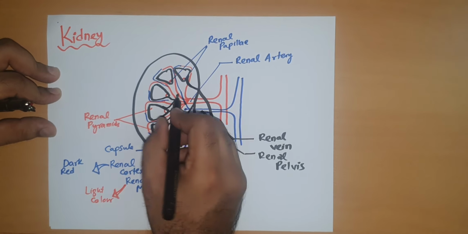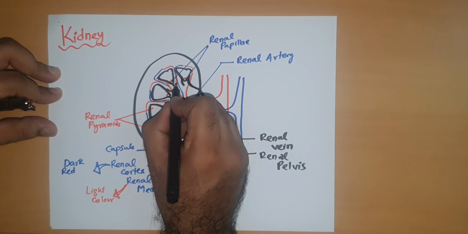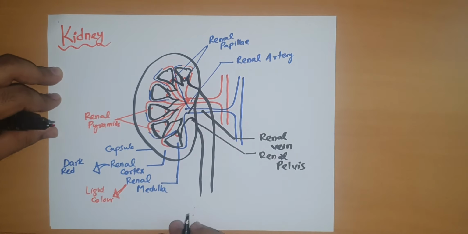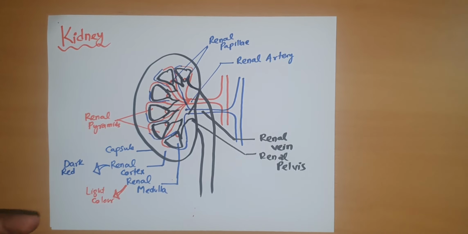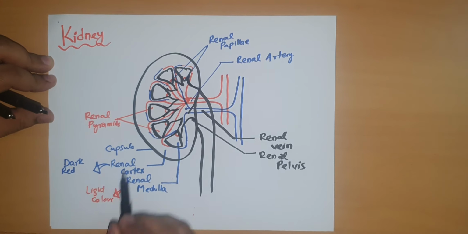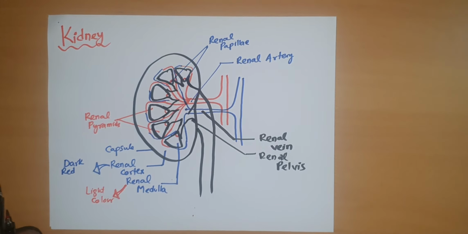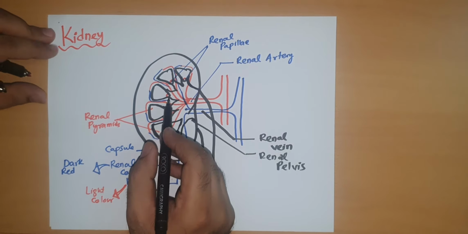I will draw another diagram at the end without the blood vessels to show these structures. Now if you see over here, they are narrower and then they become wider over here. Now these are called as minor and major calyces depending on the diameter.